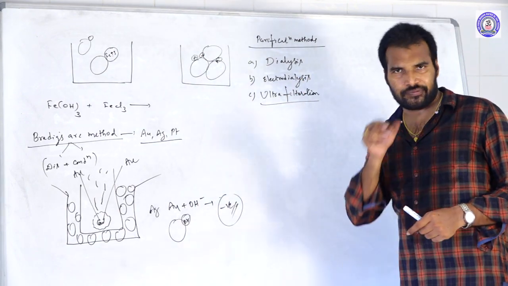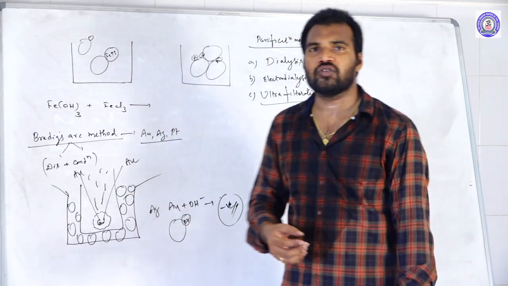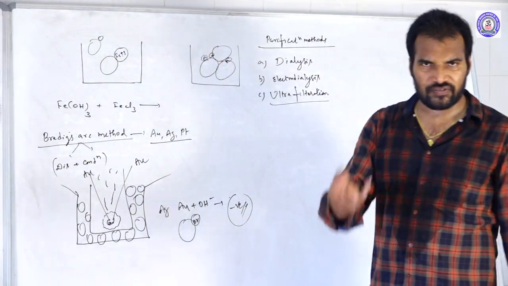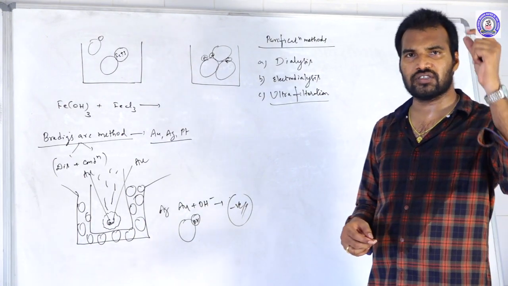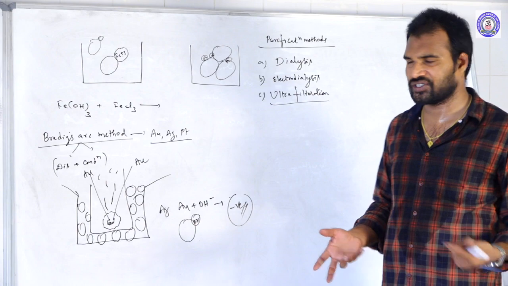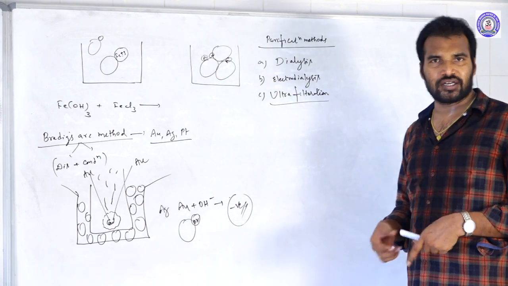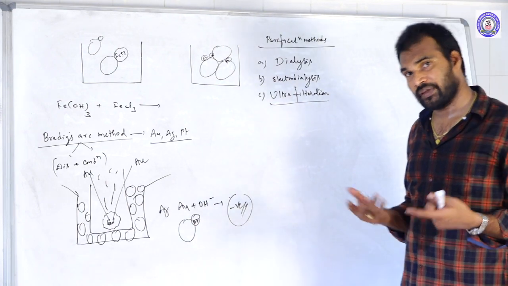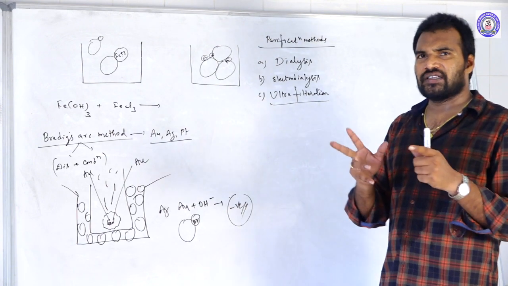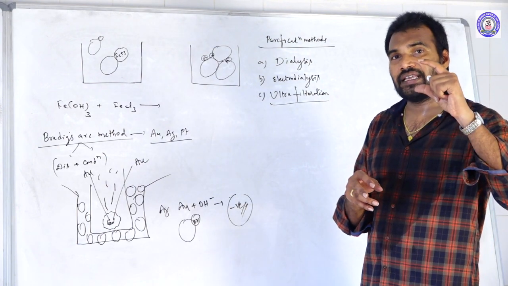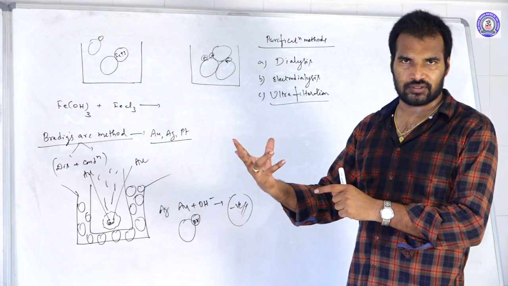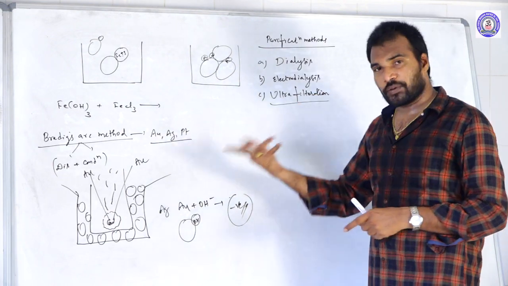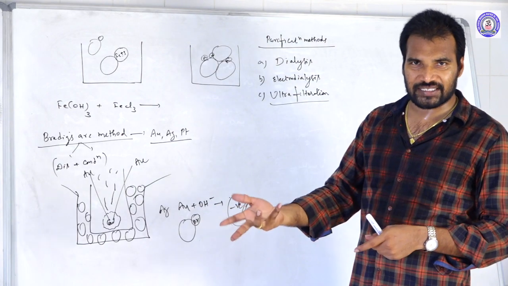Next, ultrafiltration. If we filter the colloidal solution by using ultrafilters, what is the difference between a filter and ultrafiltration? Filtration means using only normal filter paper. Filter paper has a somewhat bigger pore size compared to ultrafilter paper. So how do we prepare ultrafilter paper, that is, how do we reduce the size of the pore?